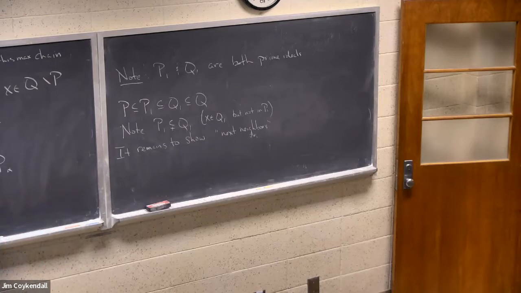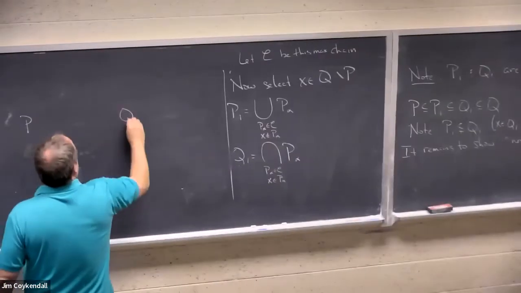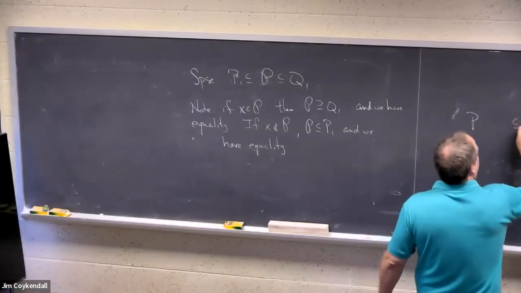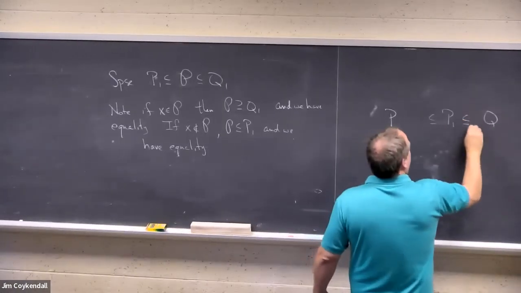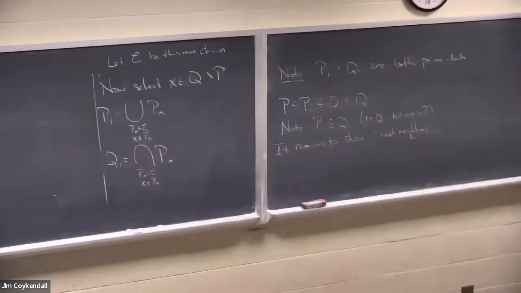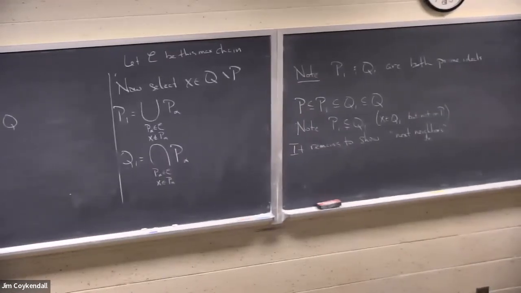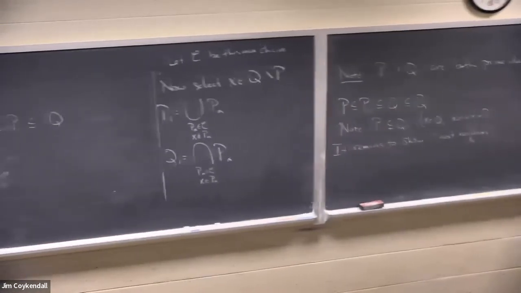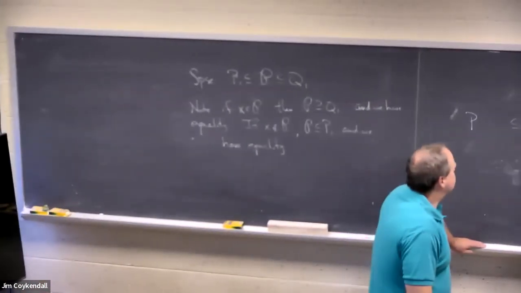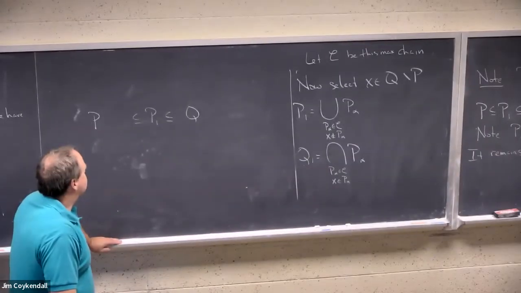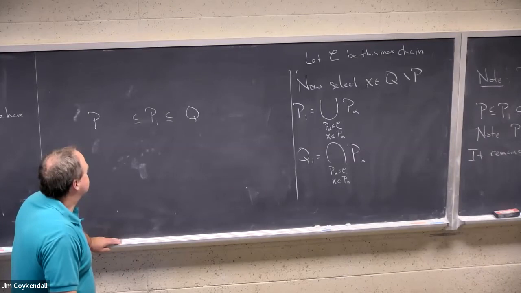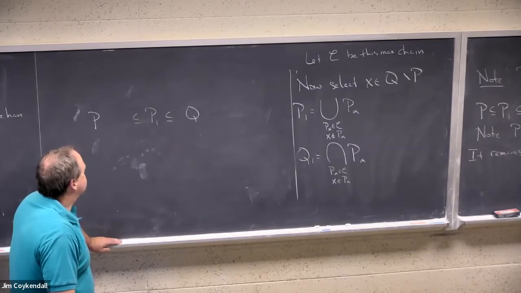So if you've got P and Q, and you've got some P1, these are all prime, right? Yeah. And so what's the remaining part of the question? Well, that there will be, I guess, a Q1 that is contained in P1, and there's no maximal ideal. There's no prime ideal between.